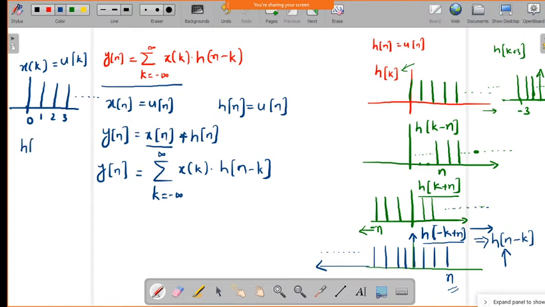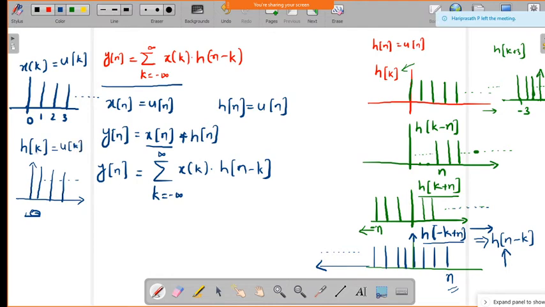So h of k, what is h of k? It is from 0 again up to infinite value. So this is your h of k, which is equal to u of k, but I need h of n minus k, is it not? Which I have done here, and the similar way you need to do it.